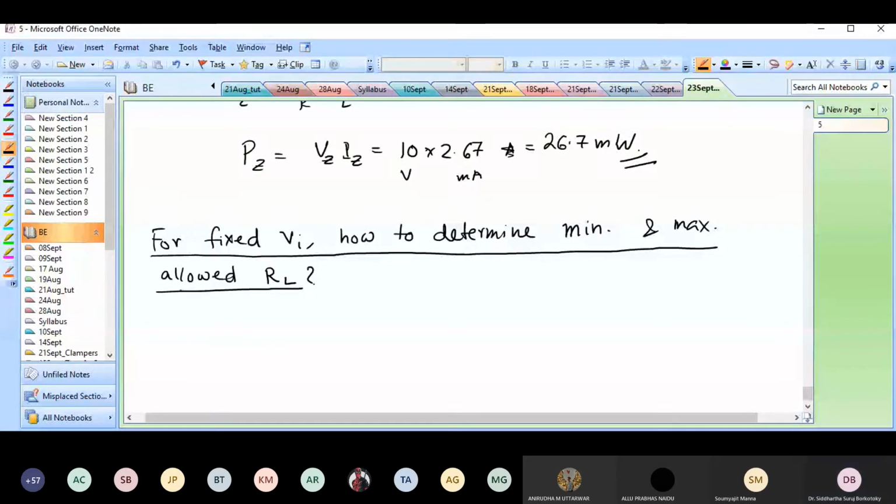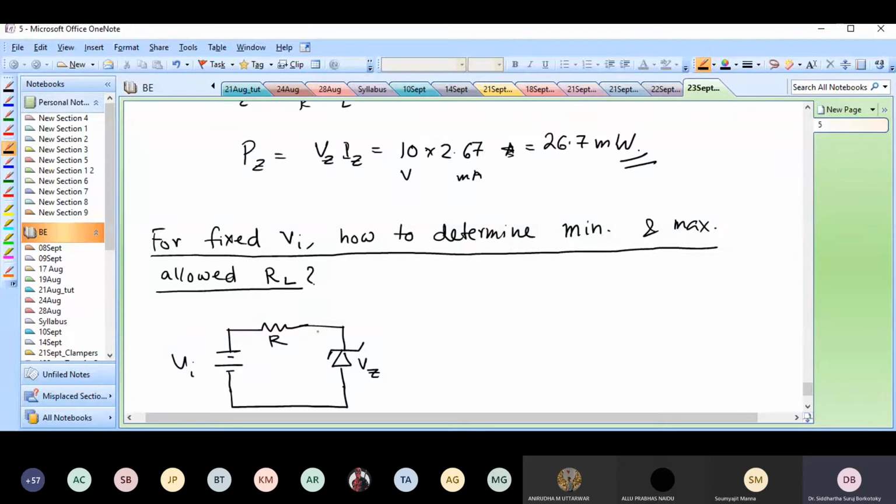Basically, if we go back to our standard circuit, we have Vi, some R, and a Zener diode, which will have some value of Vz.